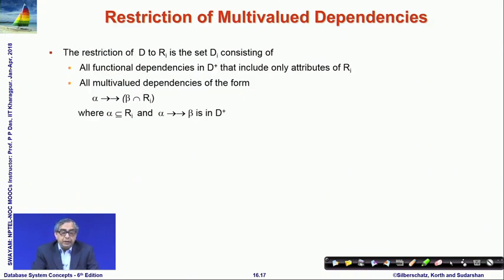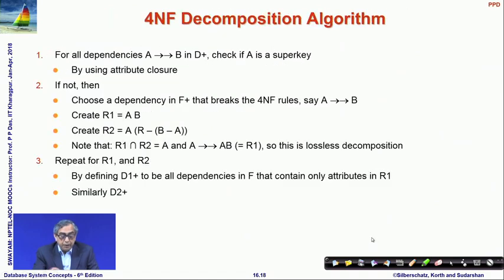Again the same set of concepts apply: if I have a set of dependencies and a decomposed, smaller relation, then I can project that set of dependencies onto a particular subset of the attributes, and here is the condition that is given.